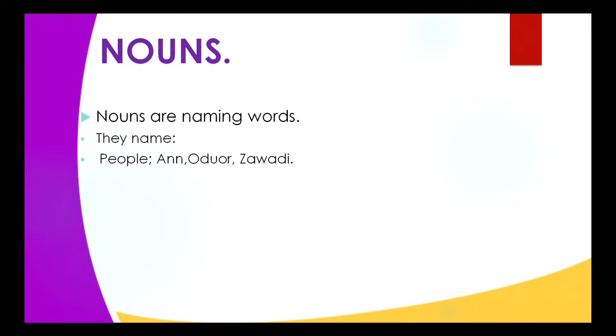For example, names of people: Anne, Odwar, Zawadi, Becky, Julie, Judy. All those names are nouns. We have names of places such as Nairobi, Kenya, Africa, Madagascar, anywhere. Names of places fall under nouns.